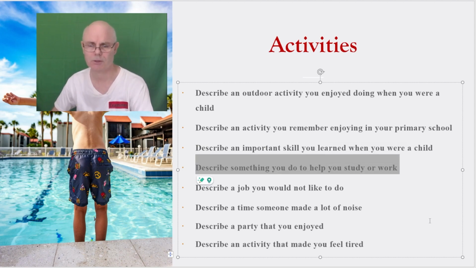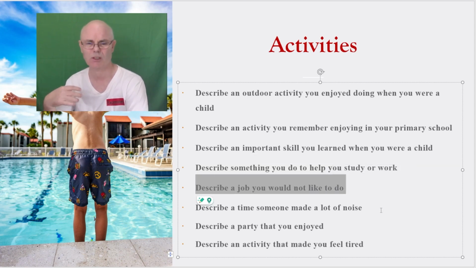Something you do to help you study or work. Well, if it's study, I need to go swimming. I need to chill out every so often, and swimming really clears my mind. And when I go back to study or work, I find I'm so much more effective. So the thing you do essentially is take breaks, relax. That's something you can do to help yourself work or study, to relax so that you're more effective, right?